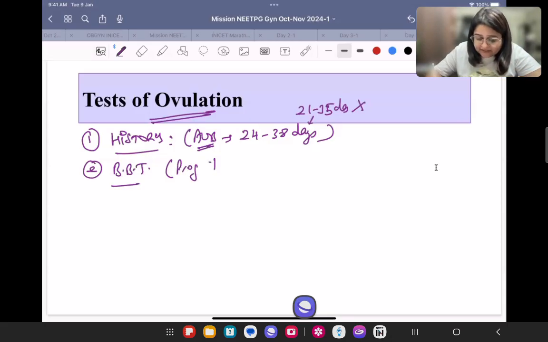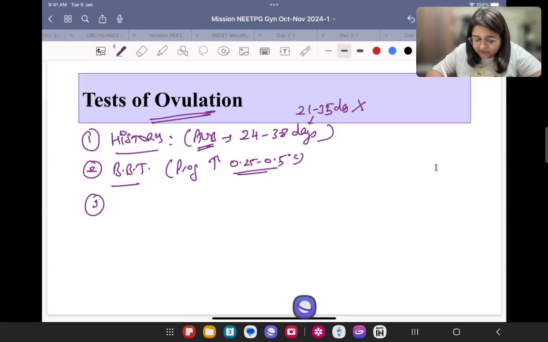Progesterone will increase the temperature of the body by 0.25 to 0.5 degrees Celsius. So a woman who is keeping a track of her basal body temperature, and this is by specialized thermometers, she finds that around ovulation, the progesterone increases. This is a sign that she has ovulated. So retrospectively, we can say that yes, ovulation has happened.